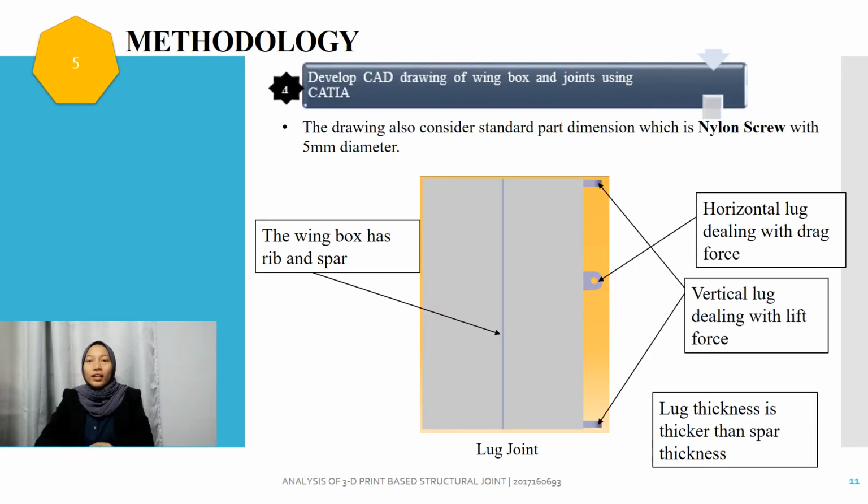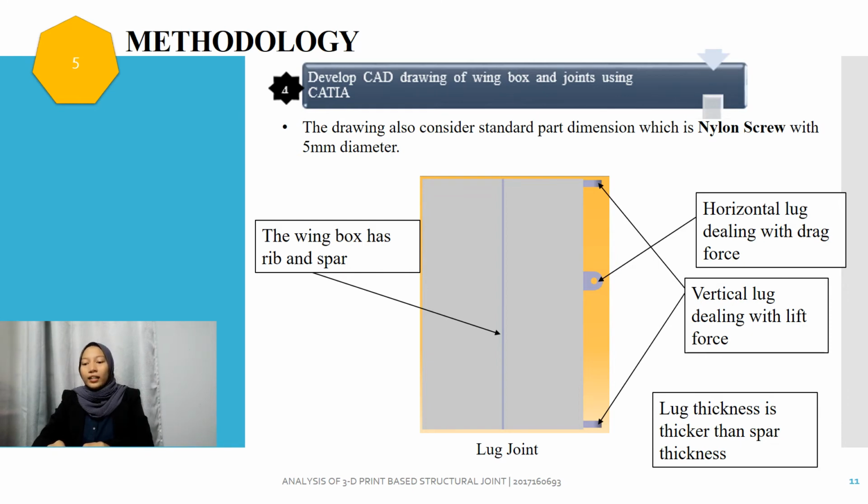The next one, develop CAD drawing of wing box and joints using CATIA. The drawing also considers the standard part dimension, which is nylon screw with 5 mm dimension. Nylon screw is a fastener used by FTTC UiTM. It is resistant to corrosion, less in weight, and offers high resistance to wear.